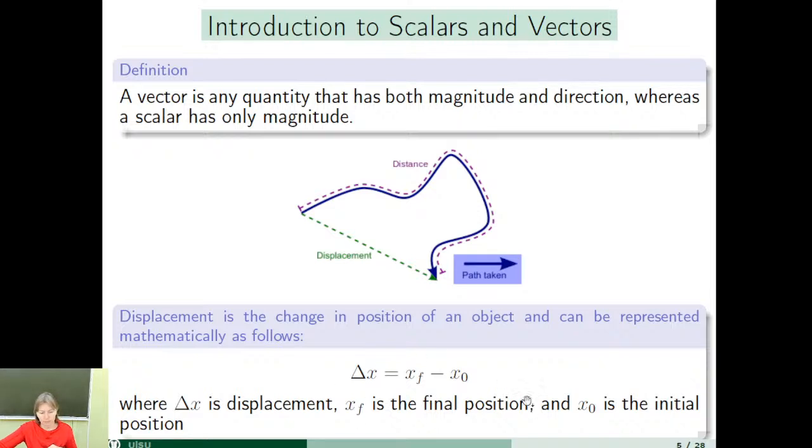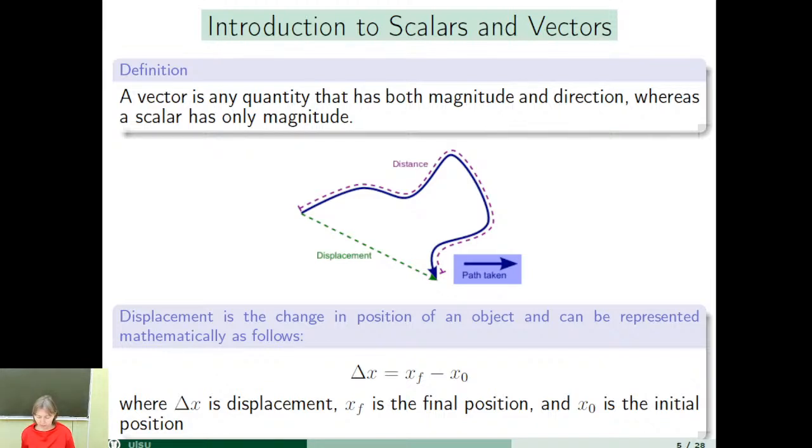Look here, where delta x is the displacement, xf is the final position, and x0 is the initial position. A vector is any quantity that has both magnitude and direction, whereas a scalar has only magnitude.